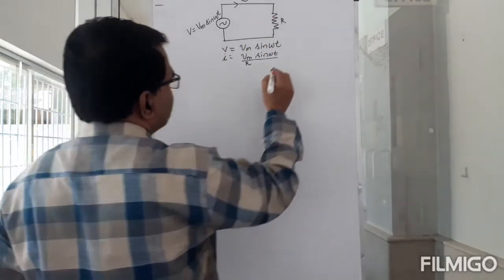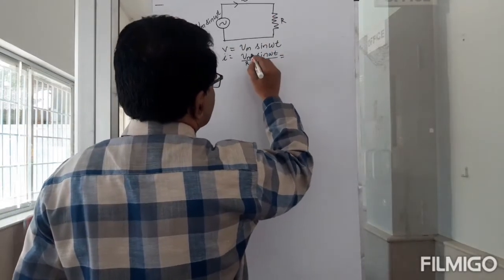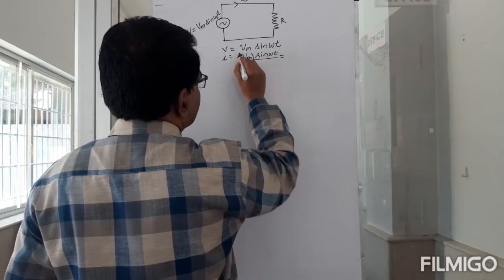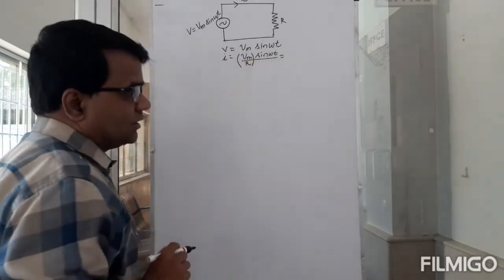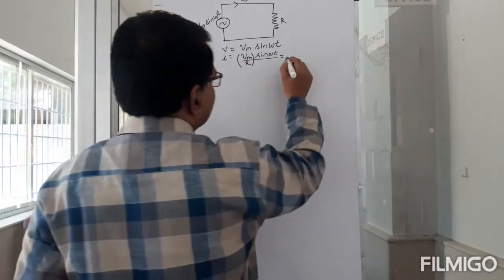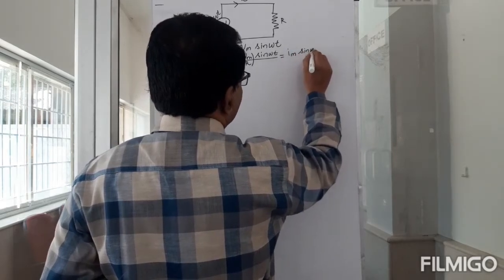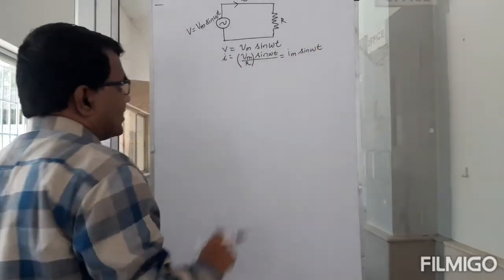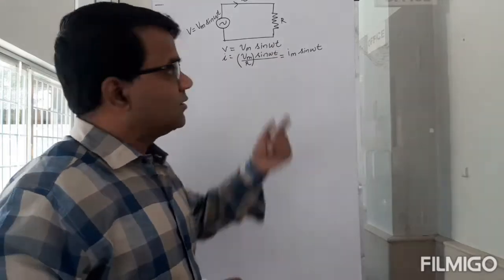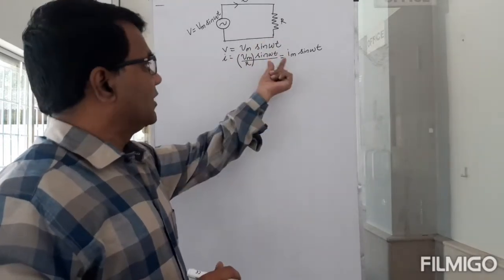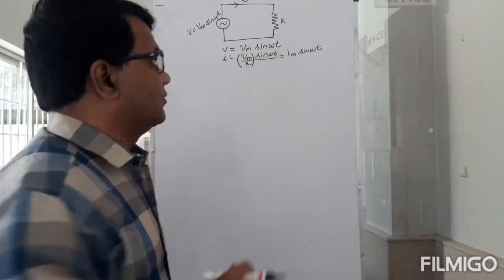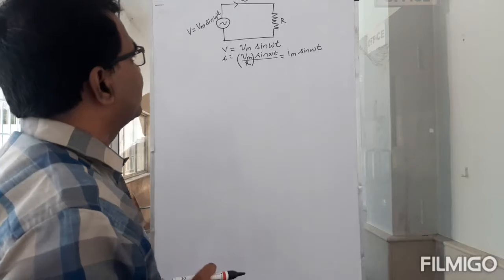So which gives you this. If you take these two constants, that will become Im sine omega t. So Vmax by R is Imax, the maximum value of the current in the AC circuit, sine omega t.